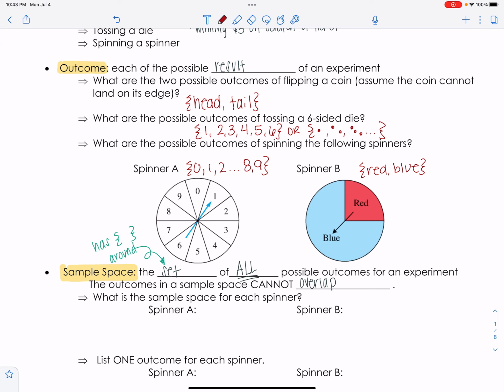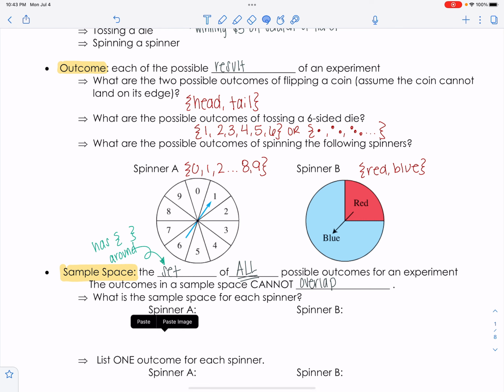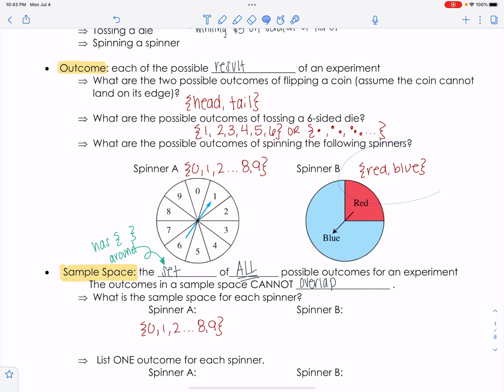Well, that's going to be that same thing, 0 to 9. And then the sample space for the other spinner, red and blue. The big thing with sample space and outcome, they're pretty much the same thing in our context. As you get higher in probability, that's not always true. But for the sake of this class and your context, they will be.